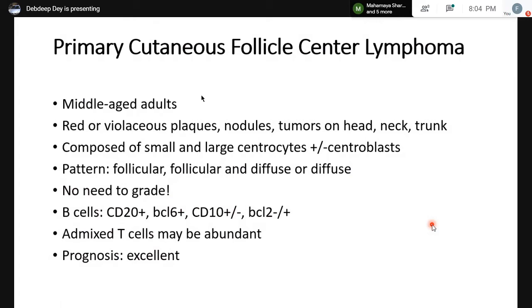When it is only diffuse, the differential diagnosis comes in with a DLBCL. The cells will be CD20 positive, BCL6 positive, and CD10 mostly positive, but BCL2 may be negative. Admixed T cells may be abundant, as you saw in the previous picture, and this has an excellent prognosis.